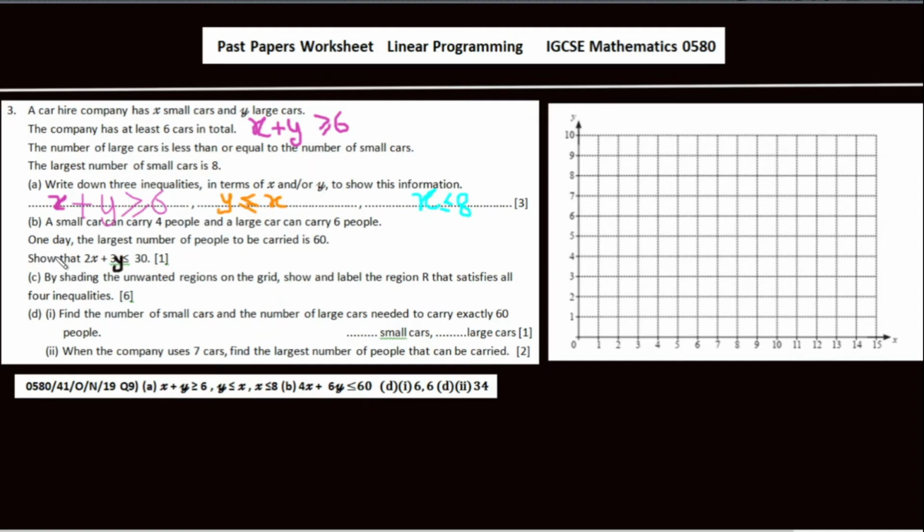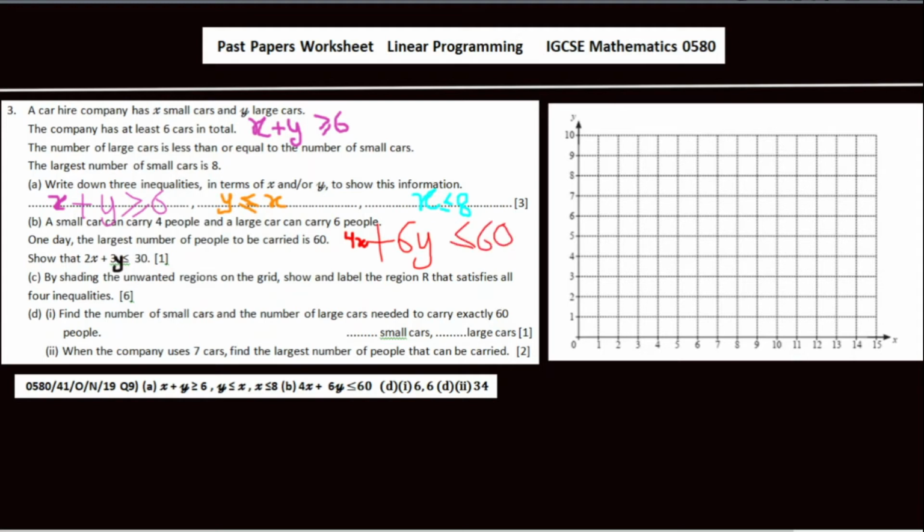So a small car can carry 4 people. That means total people in the small cars would be 4x, plus a large car can carry 6 people, so plus 6y. And one day the largest number of people to be carried is 60, so that's going to be less than or equal to 60.